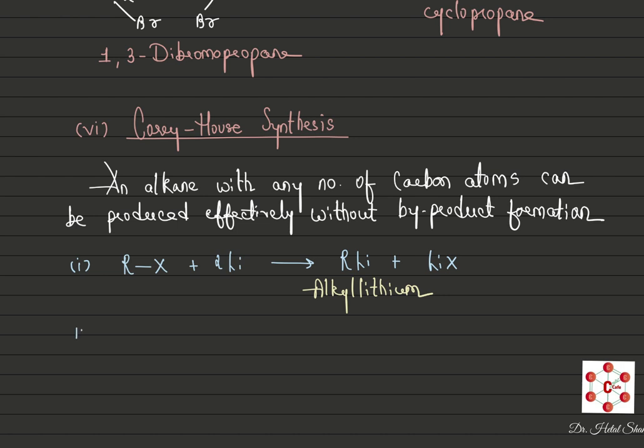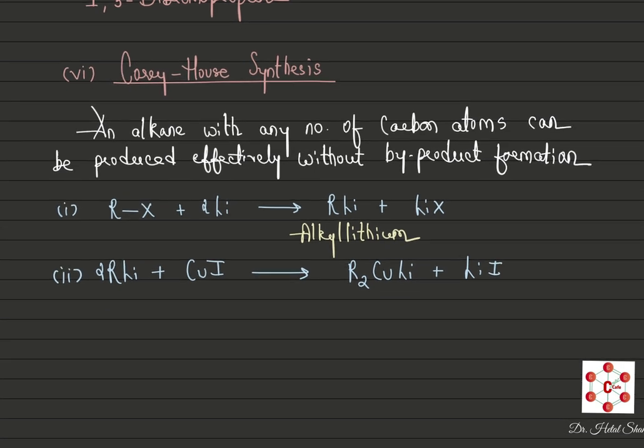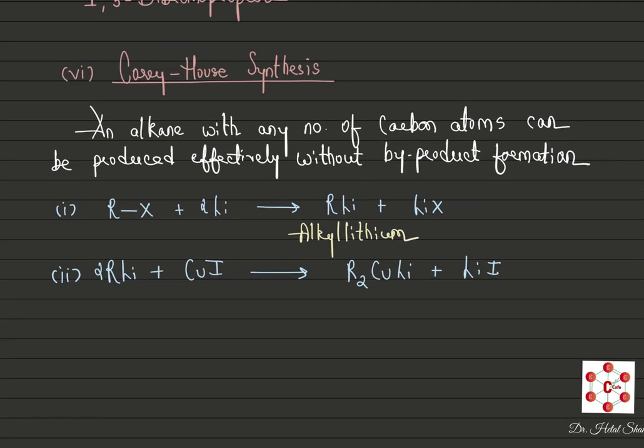Step number 2, I have to stabilize this. So RLi is made to react with CuI, but I take 2 times RLi with CuI. This gives us R2CuLi plus LiI, as the second Li combines with iodine. This is a very unique thing.